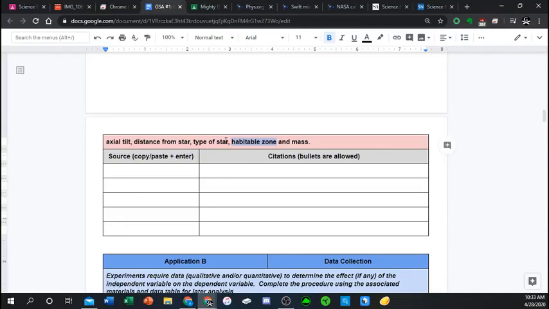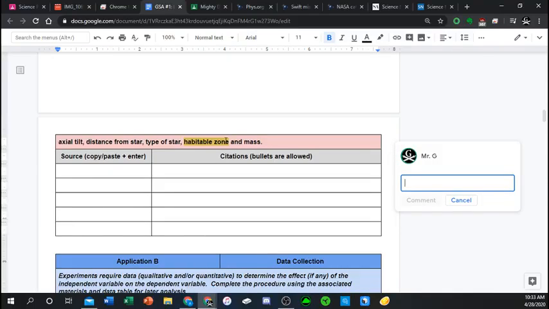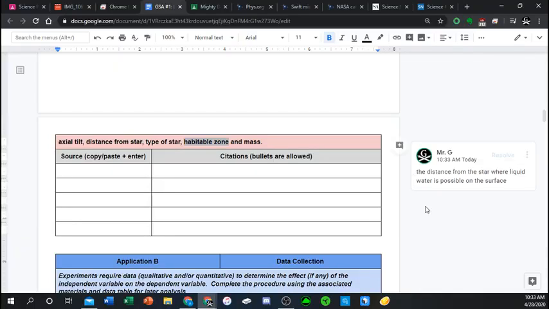Habitable zone is something we haven't really talked about yet, but it is the distance from the sun where liquid water is possible on the surface. And I say sun, I'm going to say star. Distance from the star where liquid water is possible on the surface.